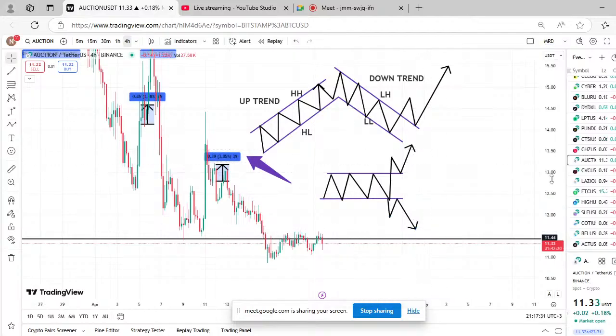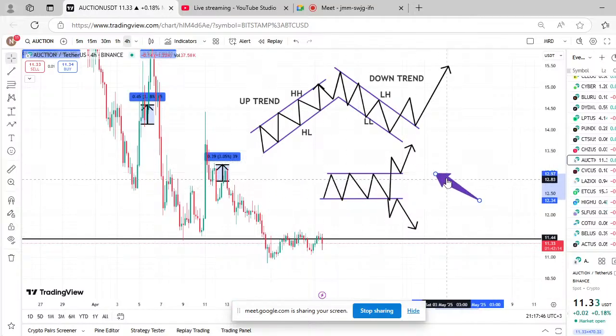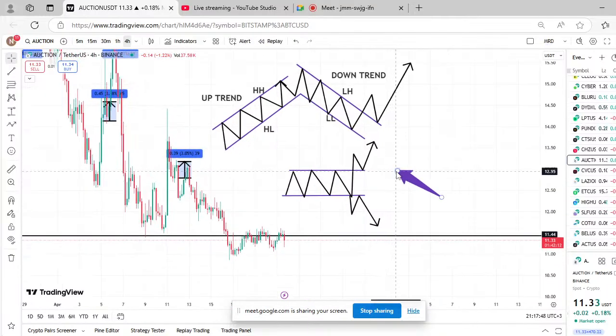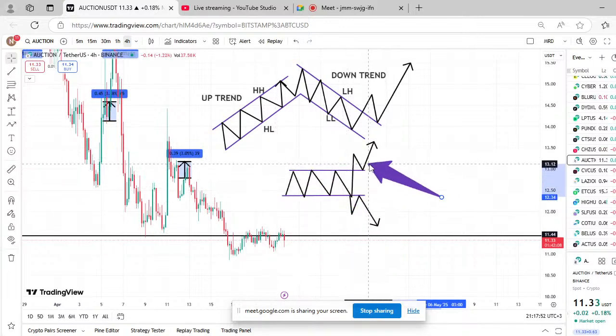You should know, if it is an uptrend, where do we expect the market to break? If it is a downtrend, where do we expect the market to break? Hope I'm clear on that. Are we clear with these small diagrams? This one shows a ranging market or sideways.